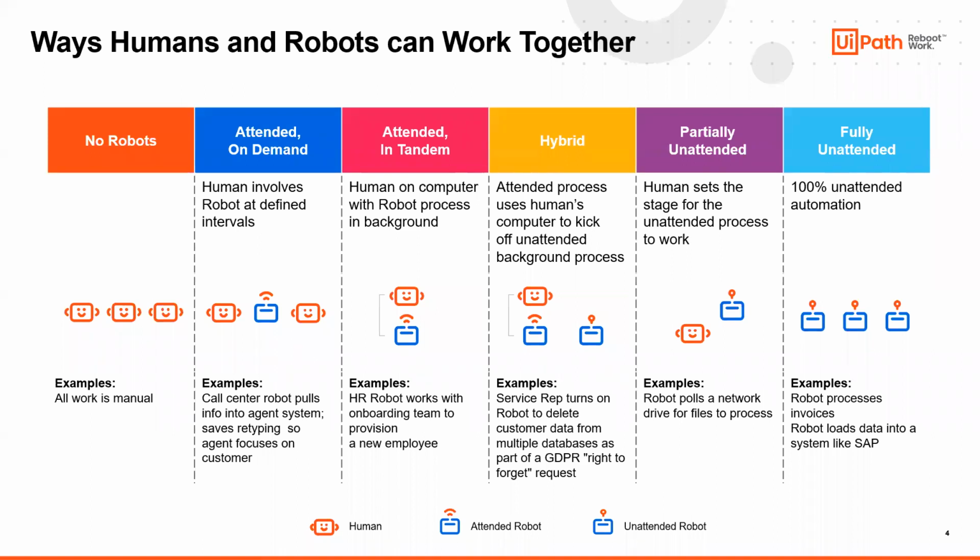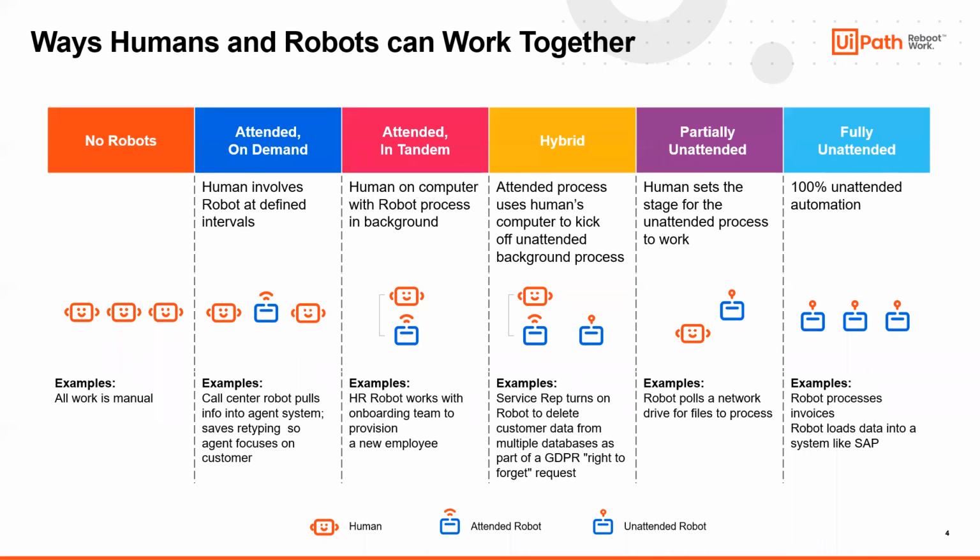Of course, we can also have a partially unattended automation. In this particular case, a human sets the stage for the unattended process and maybe drops some data into a shared folder, maybe prepares some Excel files, and the unattended robot, when scheduled or when initiated by Orchestrator, will pick up data from that folder, pre-process it, and continue with the automation.